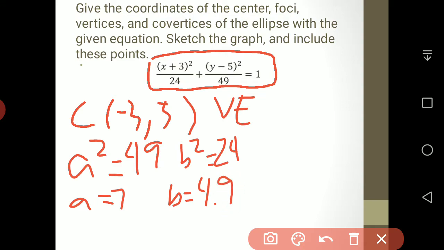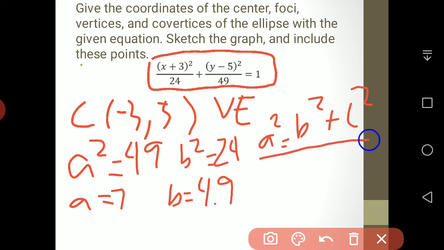Now what will be c? We need to find c. So a squared is equal to b squared plus c squared. We need to remember that always. This equation is very important in the ellipse. Now c squared will be the difference of a squared and b squared.